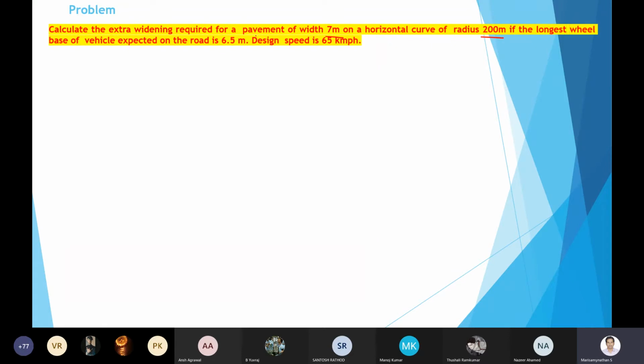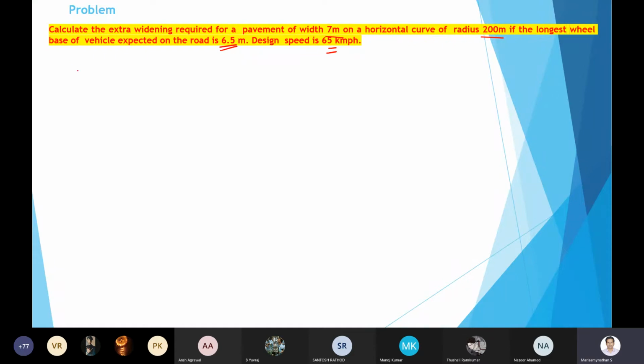If the longest wheelbase of vehicle expected on the road is 6.5 meter, then the design speed is considered as 65 kilometer per hour. The problem asks to estimate the extra widening; they have not specified mechanical or psychological widening, so both need to be considered and combined as the extra widening.